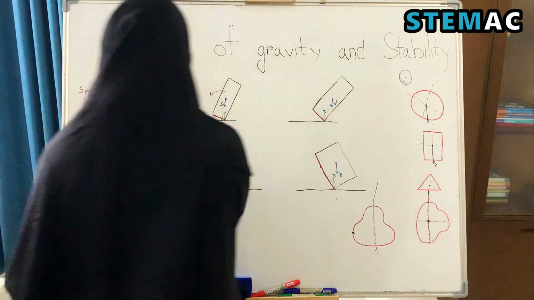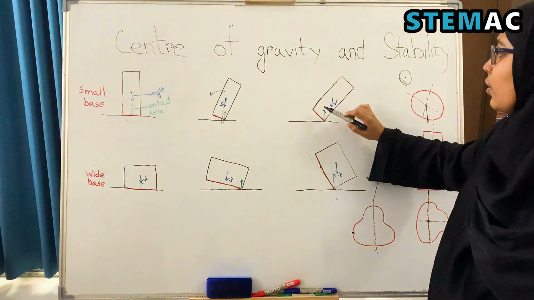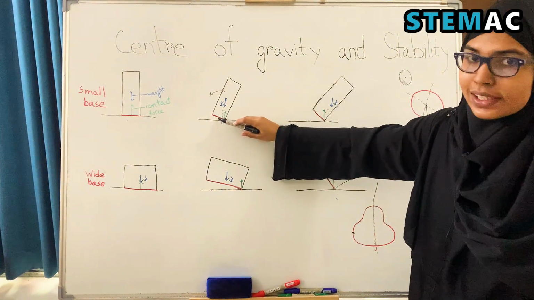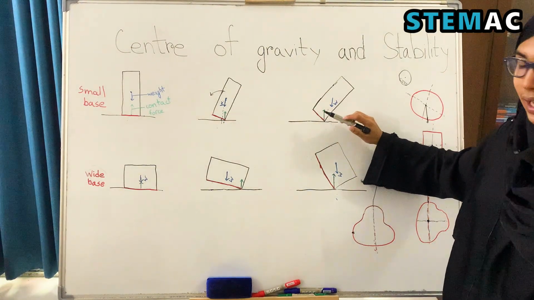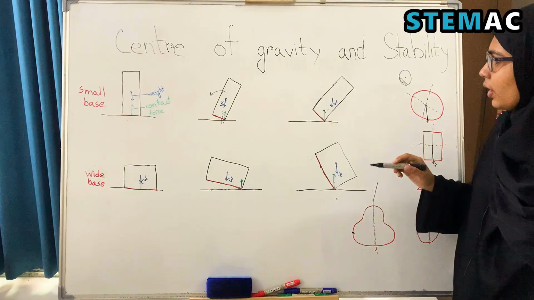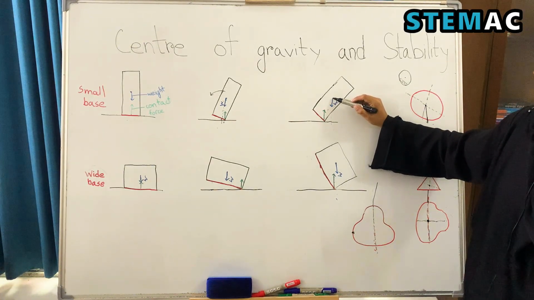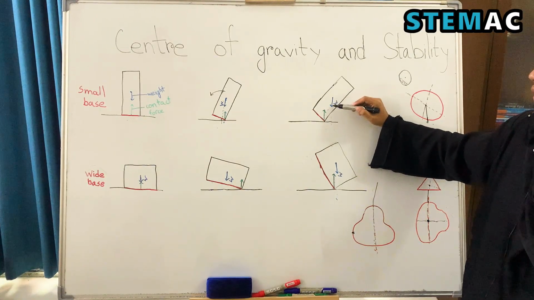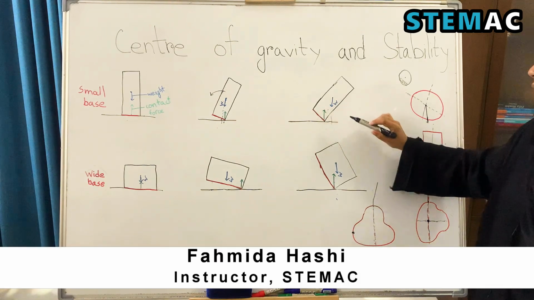But if we have tilted this same object more, the tilting angle here is less than in here. Here the tilt angle is more. Here what happens is that the point from which the weight force is acting has passed over the base.